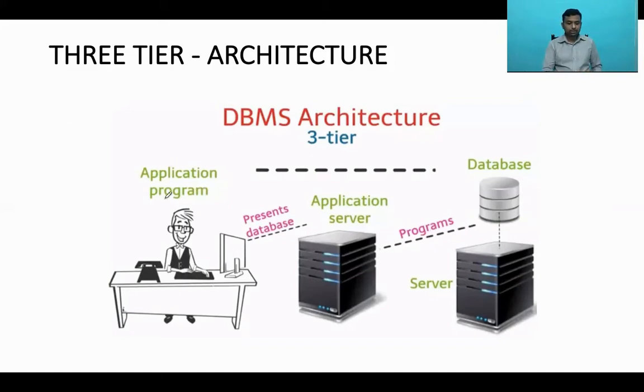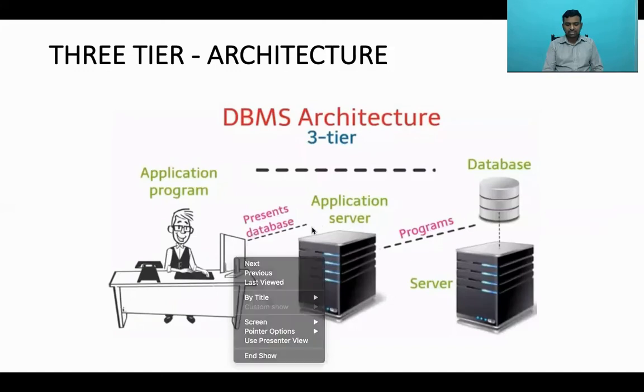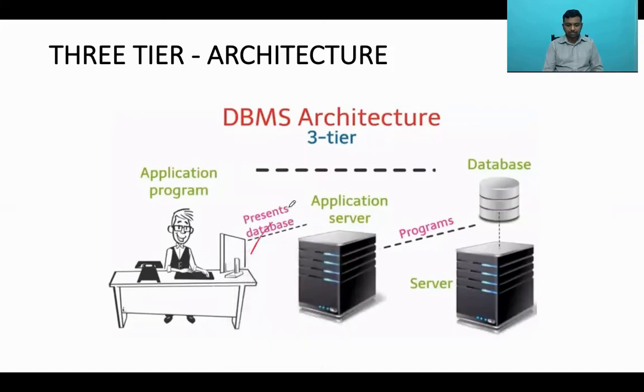So whatever the user is going to use is the application program or the application layer. This is going to interact with the application server, and from there the application server goes to the server and interacts with the database, comes back and provides the information.